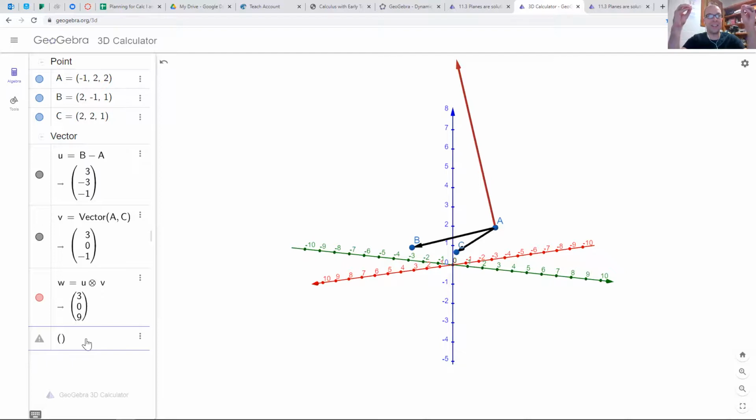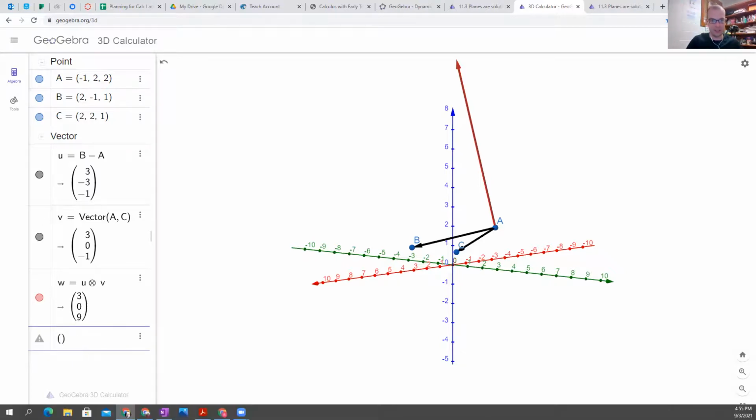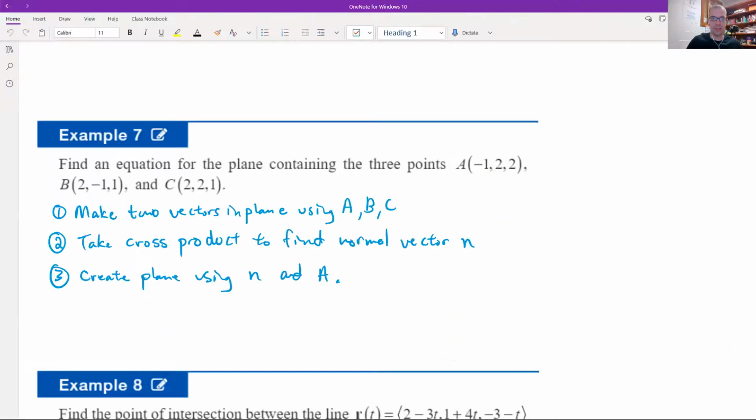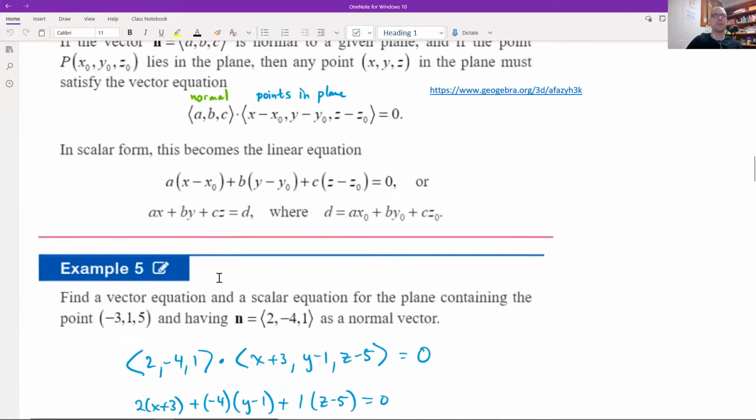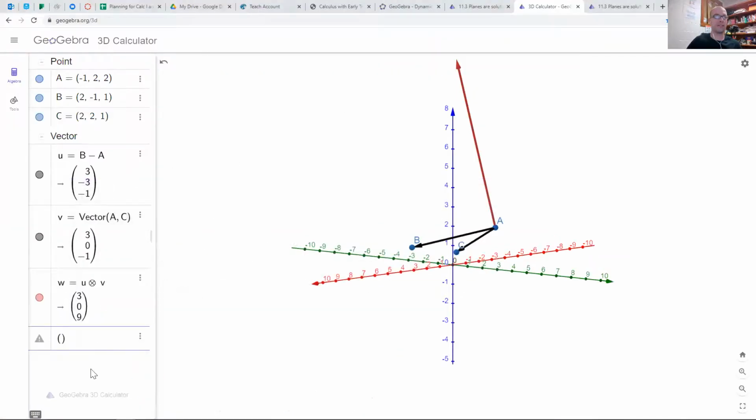So the idea here is we're going to make that other vector. Let me show you which one I'm talking about. We're going to make this vector that describes the points in the plane. And we're going to throw x, y, and z in there and see what happens. So x minus, let's use point A. So minus -1 is actually going to be +1. I'm just going to do that.